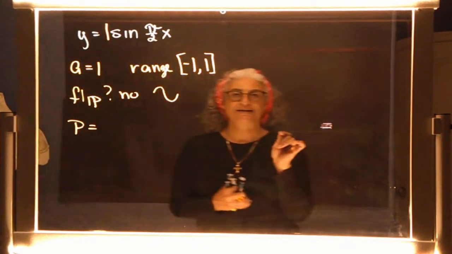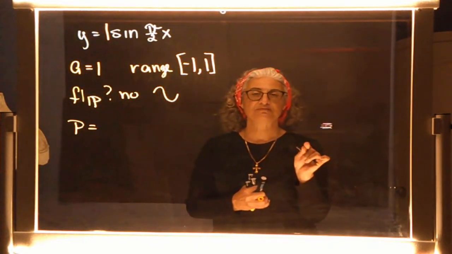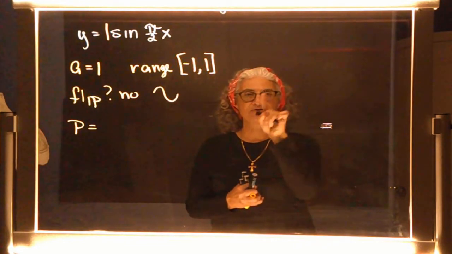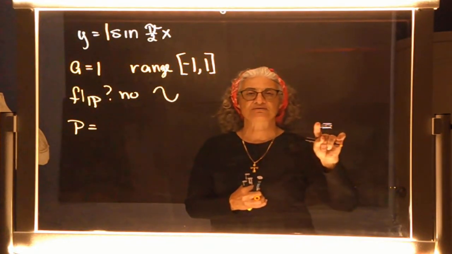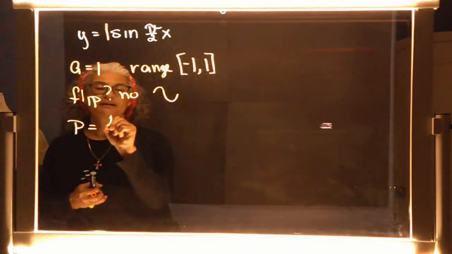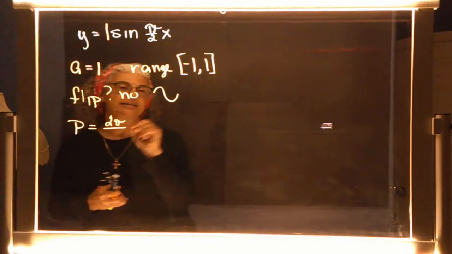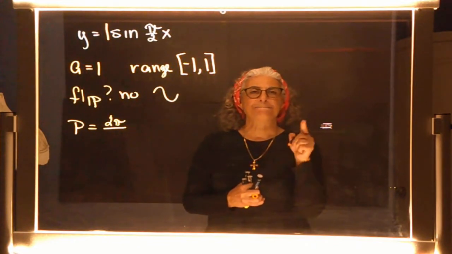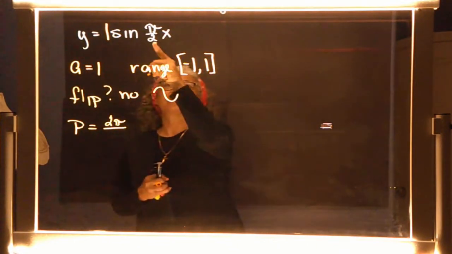Now, in radians, what is the normal length of one full revolution around the circle? Good, 2 pi. So you're going to take 2 pi and divide it by the coefficient of x.